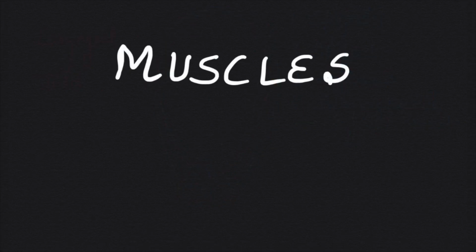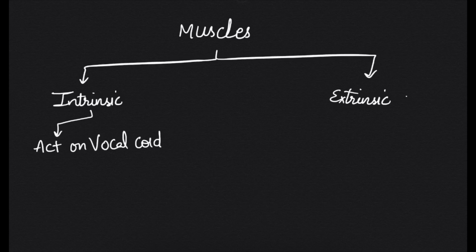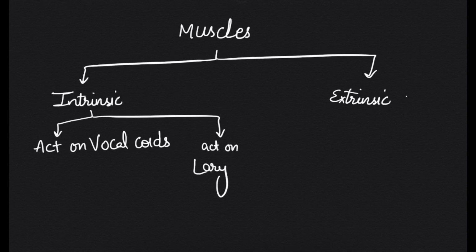Okay, so now moving on to the muscles of the larynx. Again, just like membranes and ligaments, we have intrinsic and extrinsic muscles. In intrinsic muscles we have two groups of muscles. There will be muscles which will act on the vocal cords, and then there will be muscles which will act on the larynx as a whole.